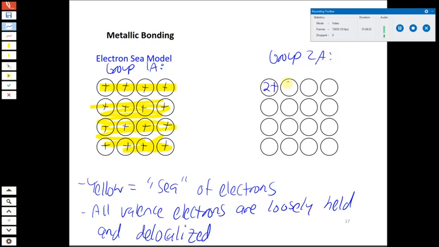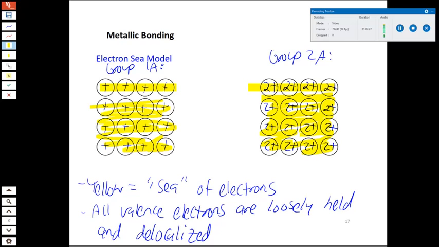So we can think of these as an arrangement of 2+ cations in group 2A, where the two valence electrons are again loosely held and floating around all of the atoms, not bound to any single atom or any pair of atoms. It's a different type of bonding model because we no longer think about electrons being shared between two atoms, but really electrons delocalized over all the atoms in the entire structure.